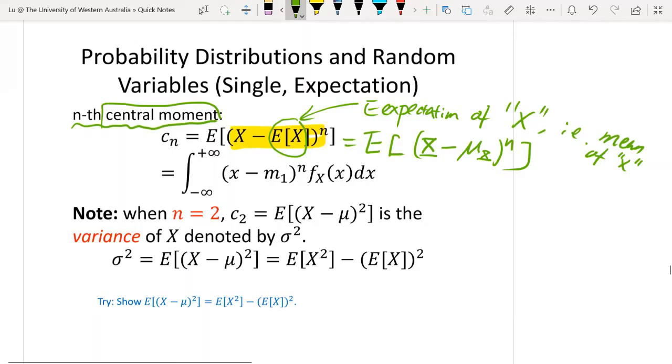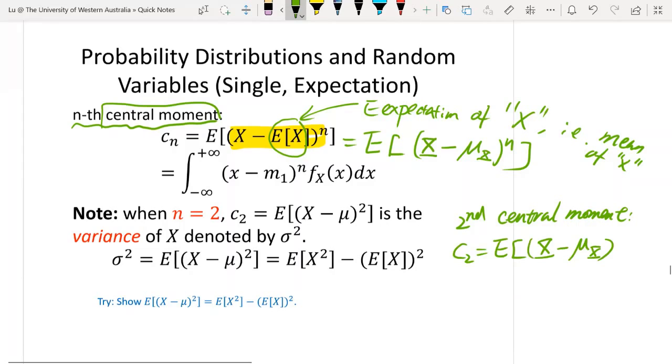We need to just pay extra attention when n equals 2. When n equals 2, we get the second central moment, which is C_2, equals the expectation of the random variable x minus the mean of the random variable x, square the difference and close bracket.